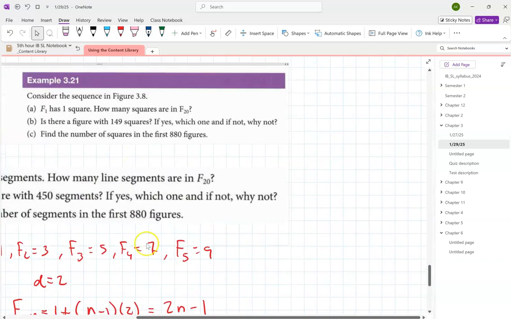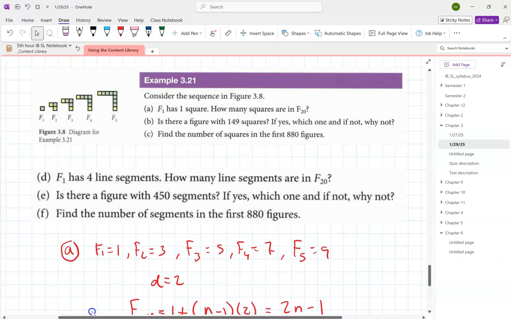All right, let's see. Just a couple more parts here. It says F1 has 4 line segments. Right, because there's 1, 2, 3, 4 sides. How many line segments are in F20? Well, let's count the number of segments here in F2. So we still had the original 4, and then we added 1, 2, 3, 4, 5, 6.